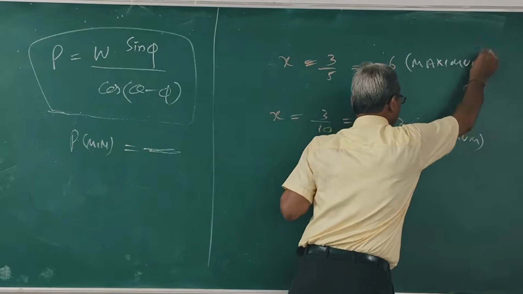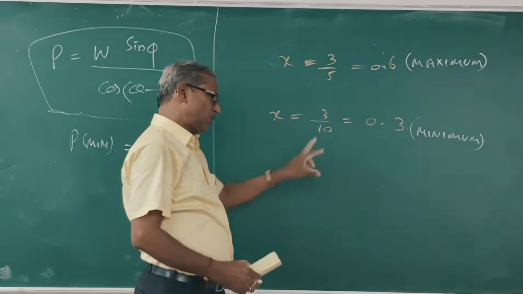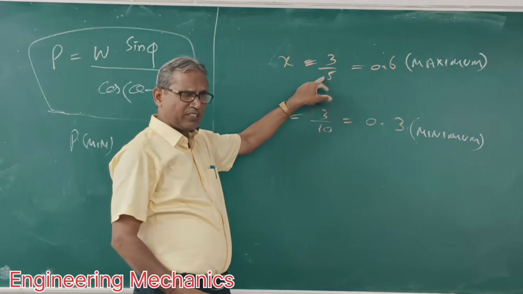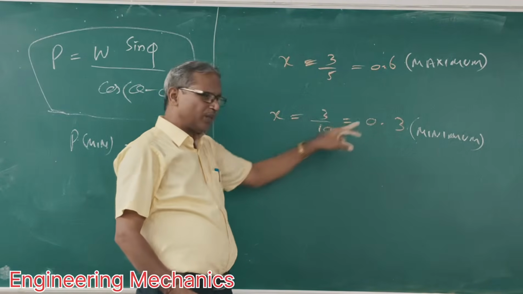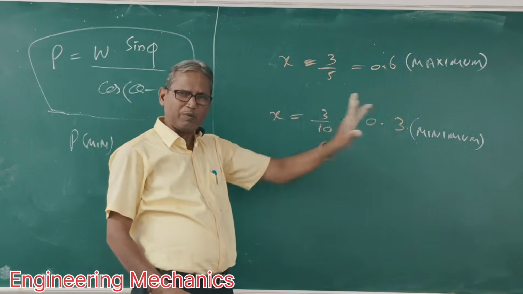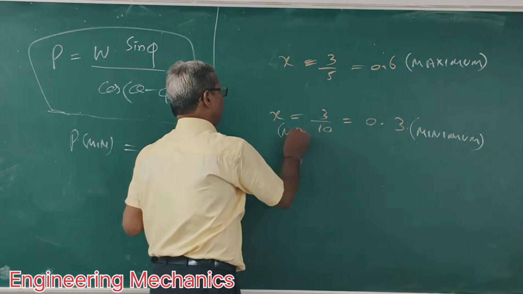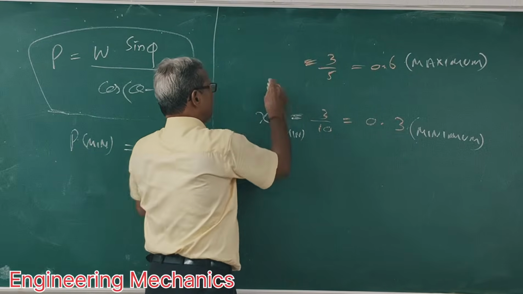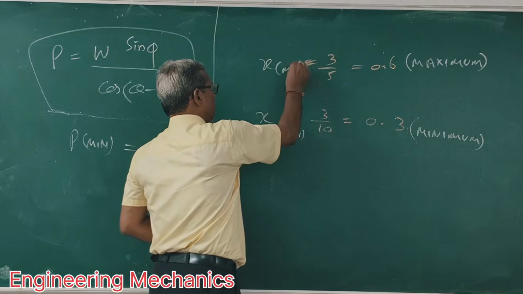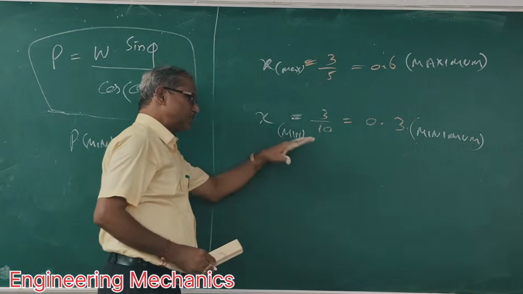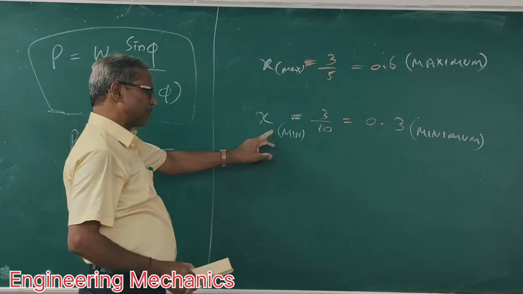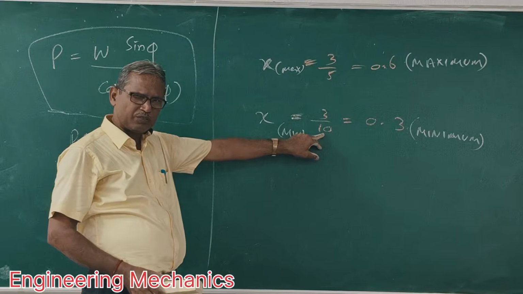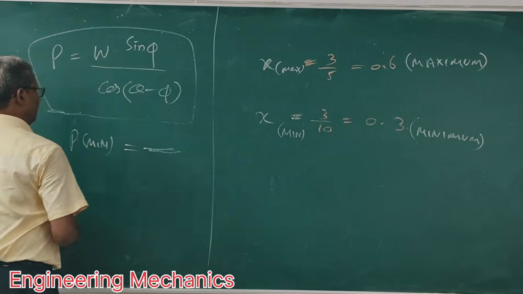When the denominator is less, the value is maximum. When the denominator is more, the value is minimum. So x is minimum when the denominator is maximum. Here also, P is minimum when the denominator is maximum.